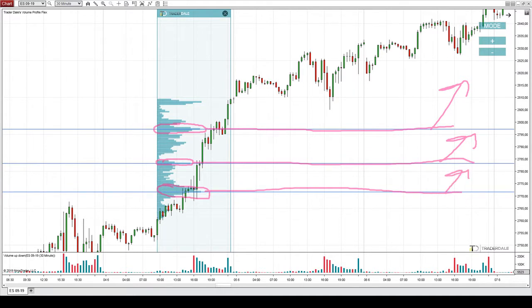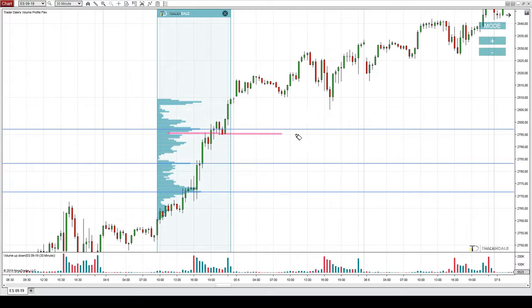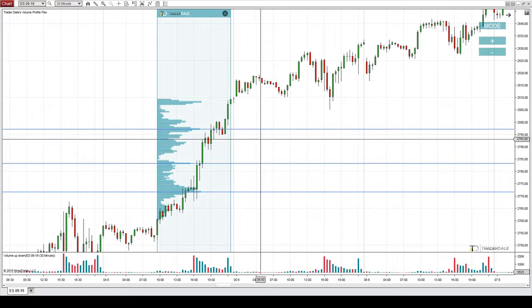And the ideal stop loss for the first long could be either at this area or at this area. I would personally choose this one to let the trade breathe, alright?